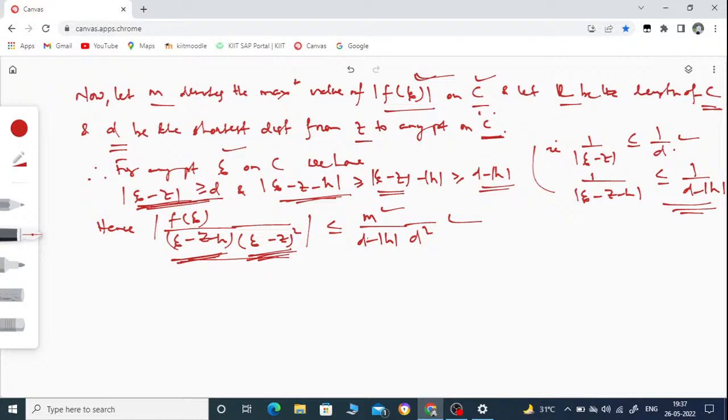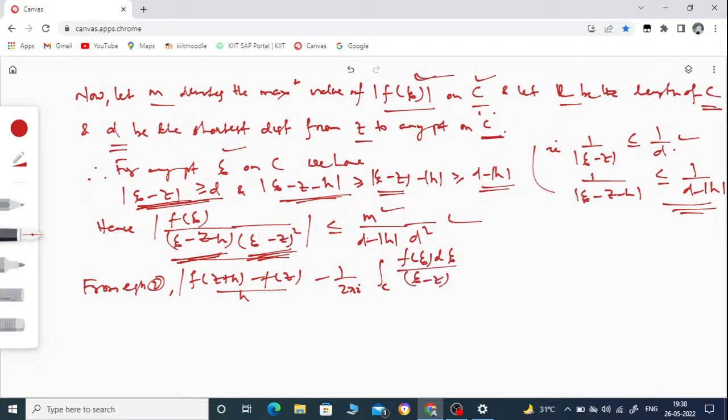So from equation 2, in the last page, I will write from that. Now from 2 I can write the modulus of [f of z plus h minus f of z, divided by h, minus 1 by 2 pi i integration over C f of j dj divided by (j minus z) whole square].